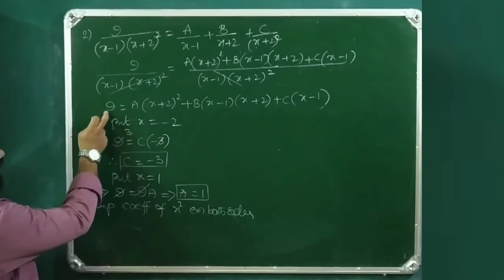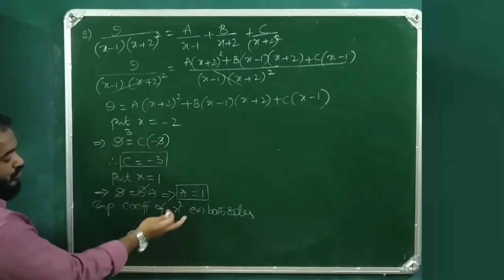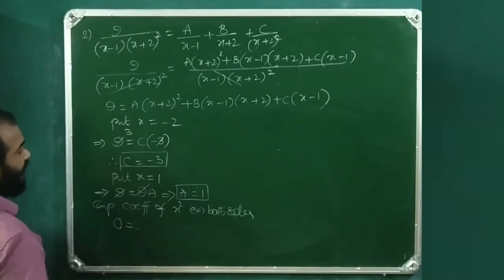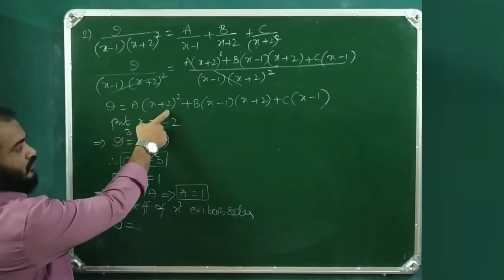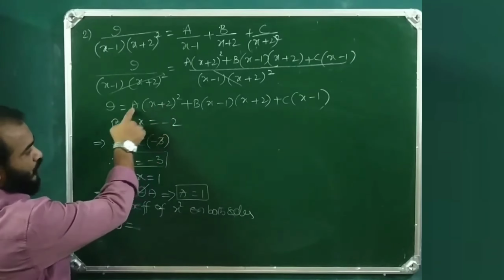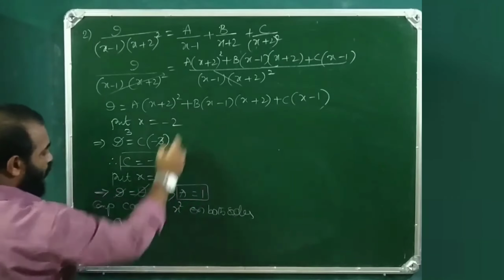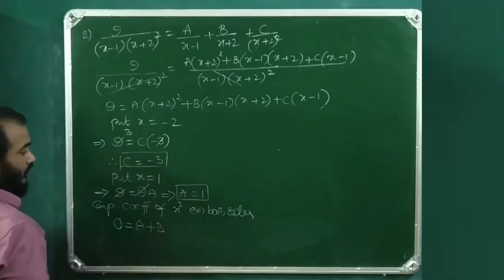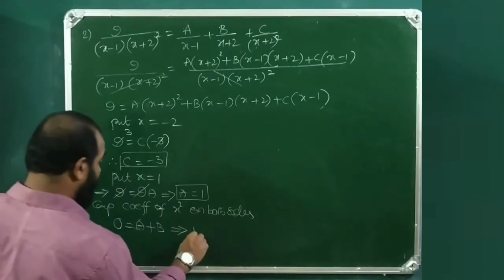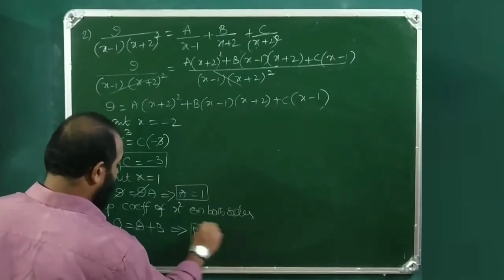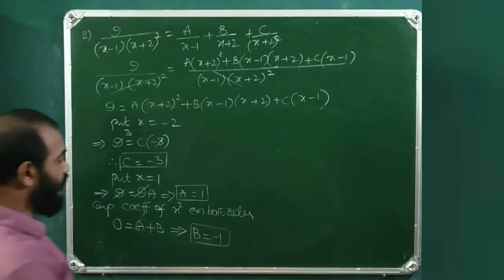Because on the numerator, on the LHS, we don't have the coefficient of x square. Therefore, 0 is equal to, on expansion, we will be getting x square plus 4x plus 4. So the x square coefficient is a. Here, x into x, the x square coefficient is b. So from this, a plus b equals 0. From this, b is equal to minus 1, because 1 minus 1 is 0.